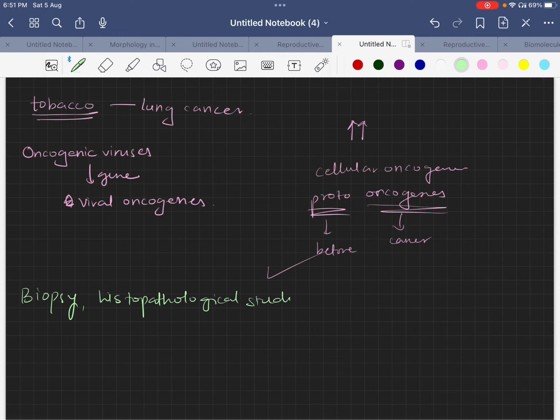This can come as a fill-in-the-blank question. Biopsy is basically when, suppose this is your leg or your arm, you cut a piece from there and send it to the lab to study. That is biopsy of the tissue.